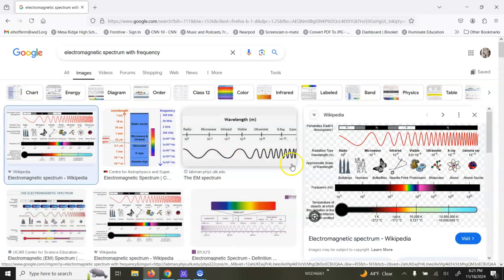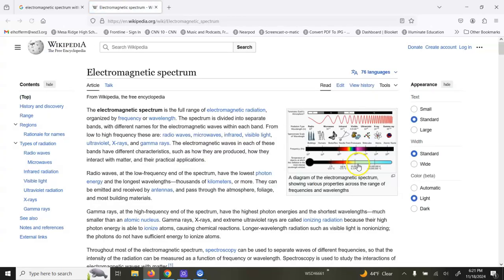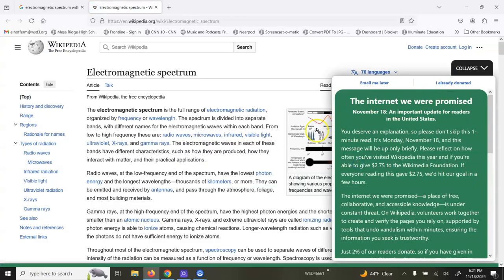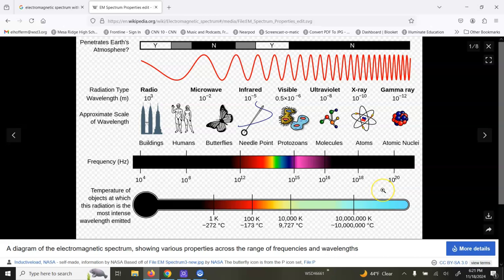This one looks pretty good. Yes, this is good. Okay. Oh, come on. There we go. Okay, we're in the times 10 to the 13th power. So this is times 10 to the 4th, times 10 to the 8th, times 10 to the 12th, times 10 to the 15th. Here's where visible light is. We're not quite there.